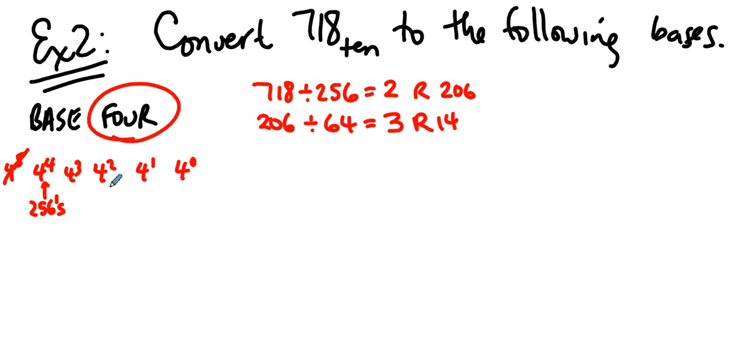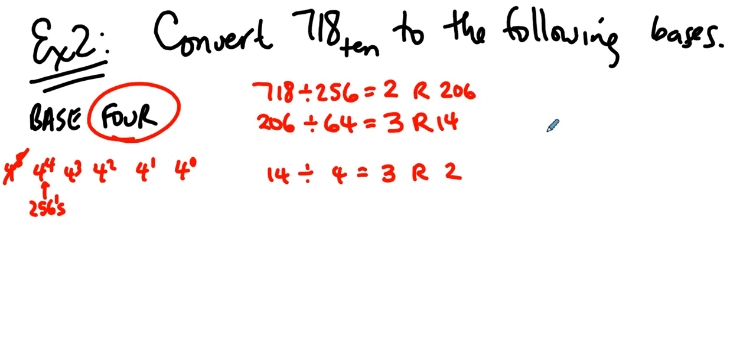Well, this is the 16's place. There are no 16's here. So then we look at the 4's place. How many 4's are there in 14? There are 3 with a remainder of 2, and that 2 is in the last place.